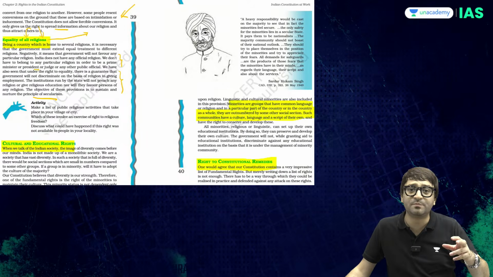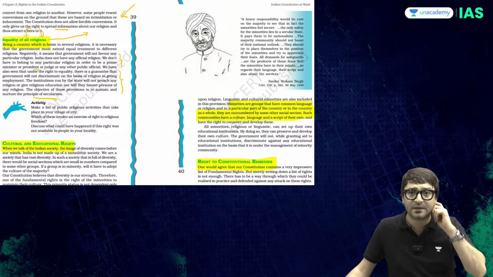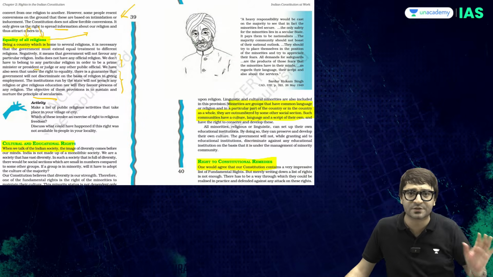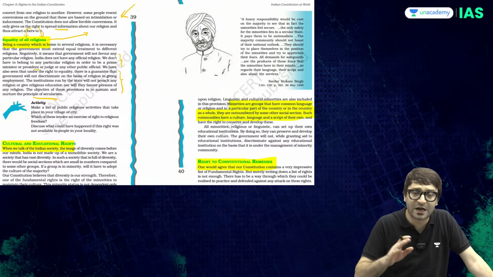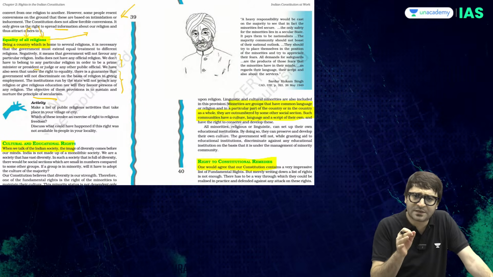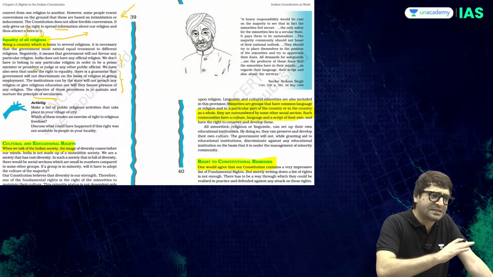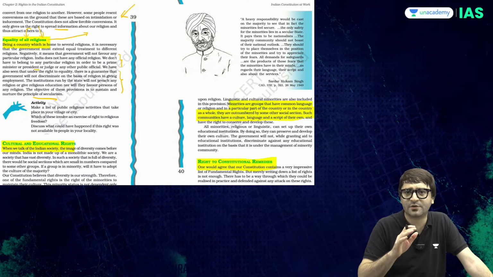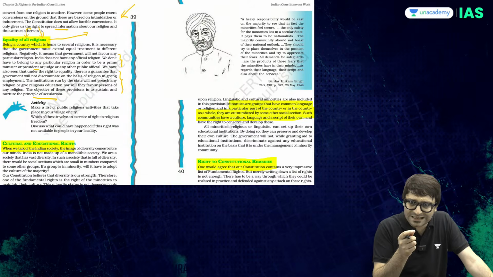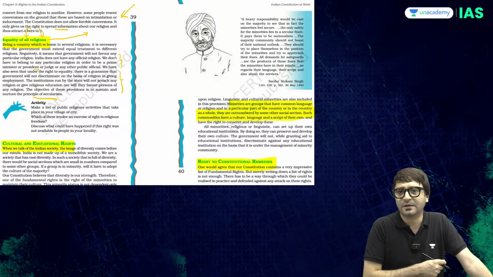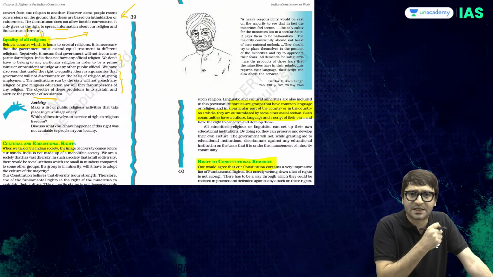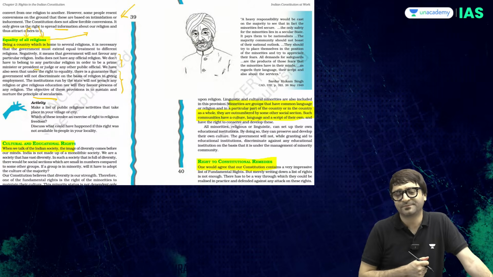There are people who speak different languages, who belong to different cultures, who belong to different tribes. And every citizen of India, residing anywhere within the territory of India, if you have a distinct language, script, or culture of your own, and you want to preserve that culture, that's your fundamental right.